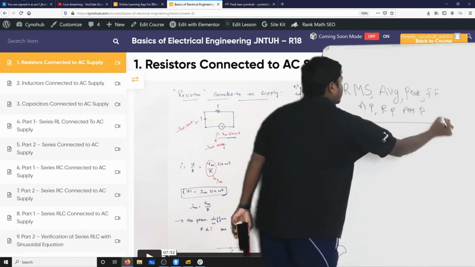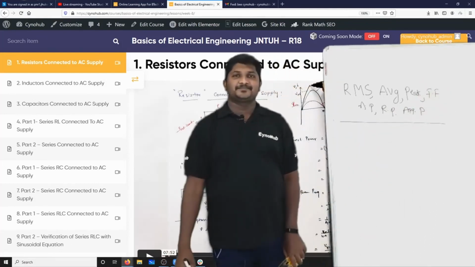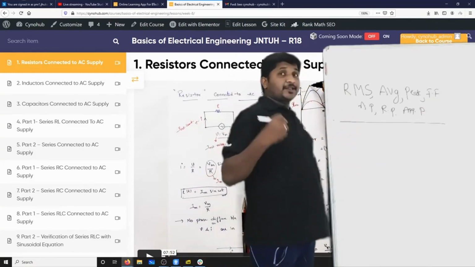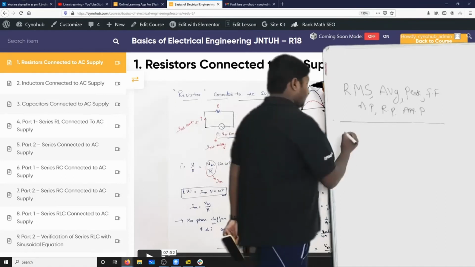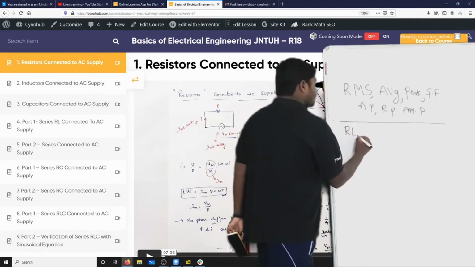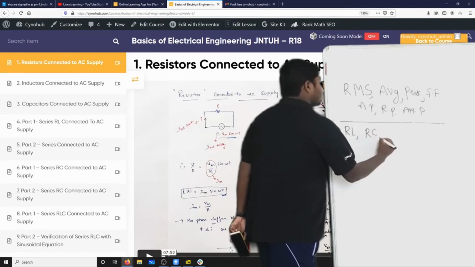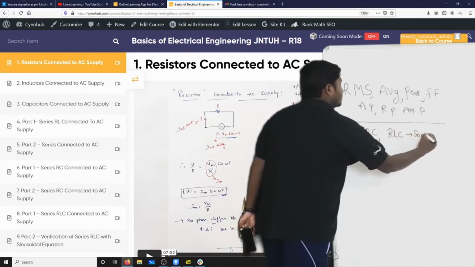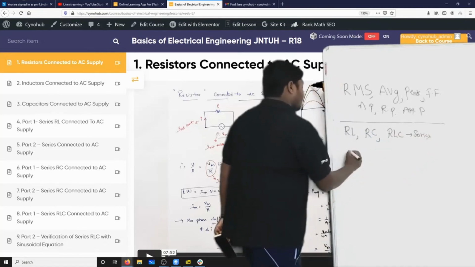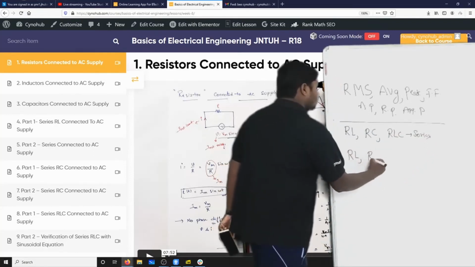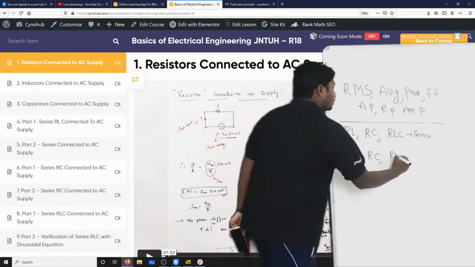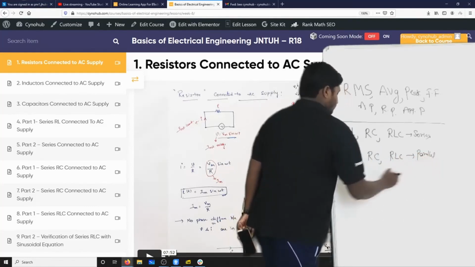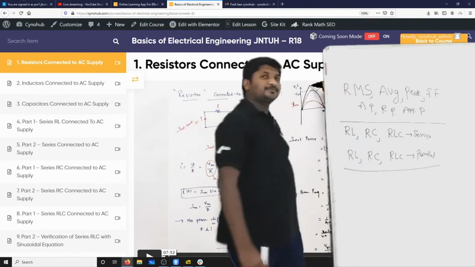This is part 1. And what is part 2? Circuits. RL series circuit, RC series circuit, RLC series circuit. These are series circuits. Likewise, RL parallel circuit, RC parallel circuit, RLC parallel circuits. So, this is part 2.